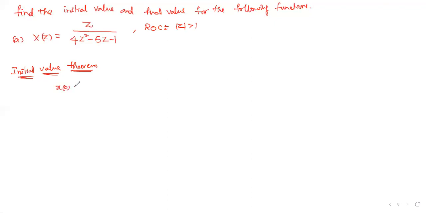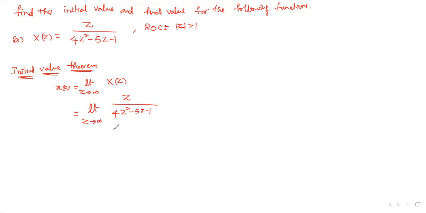X of 0 is equal to limit z tending to infinity x of z. Now x of z is z divided by 4z square minus 5z minus 1. If you substitute z equal to infinity, this will become infinity by infinity, right?